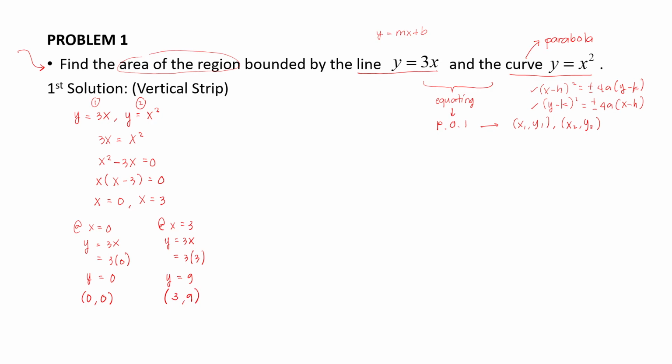After getting the points of intersection, the next thing you need to do is create a graph. Getting the points of intersection is also a shortcut in determining the area of the graph itself.